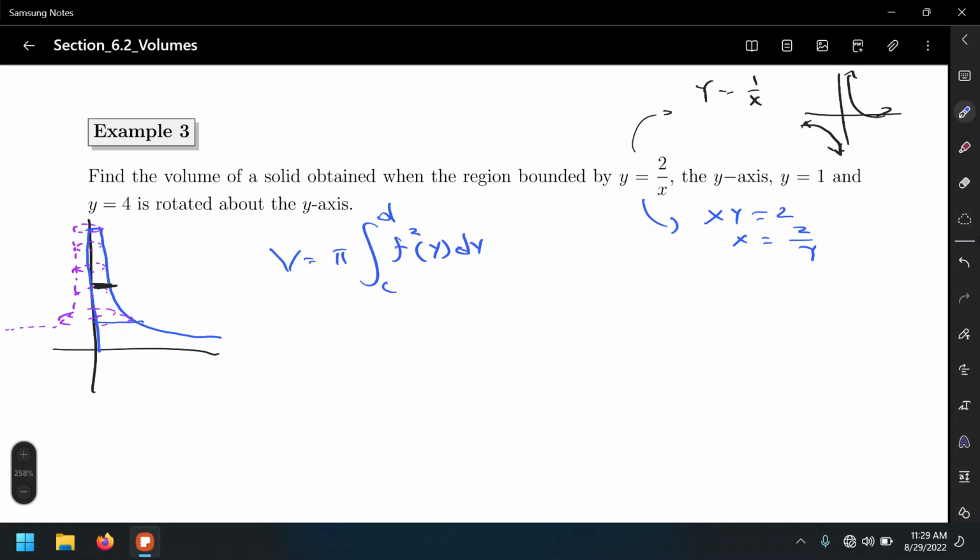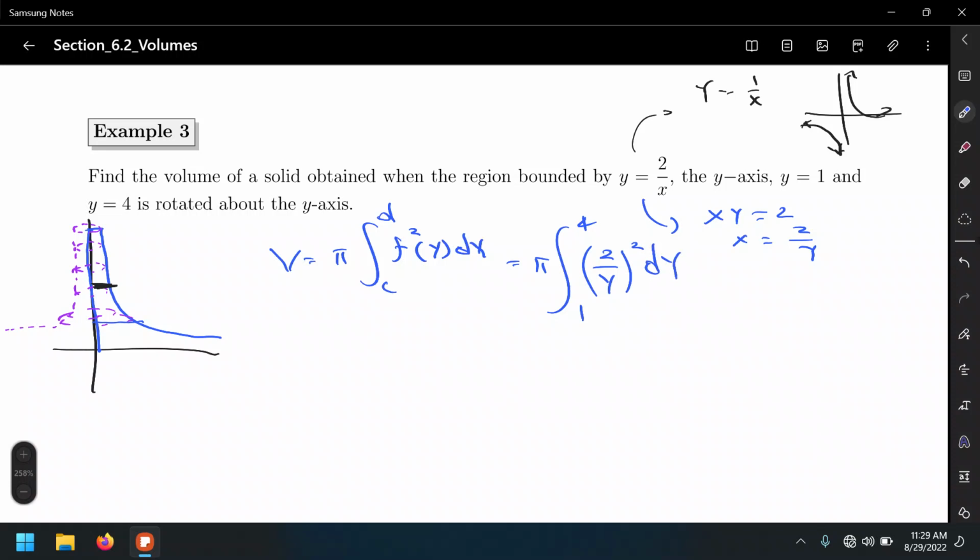It's still a radius from the geometric construction, but from the function perspective it is f of y. So let's just plug in what we have in here. So that will be pi times the integral from 1 to 4 of (2 over y) quantity squared with respect to y.